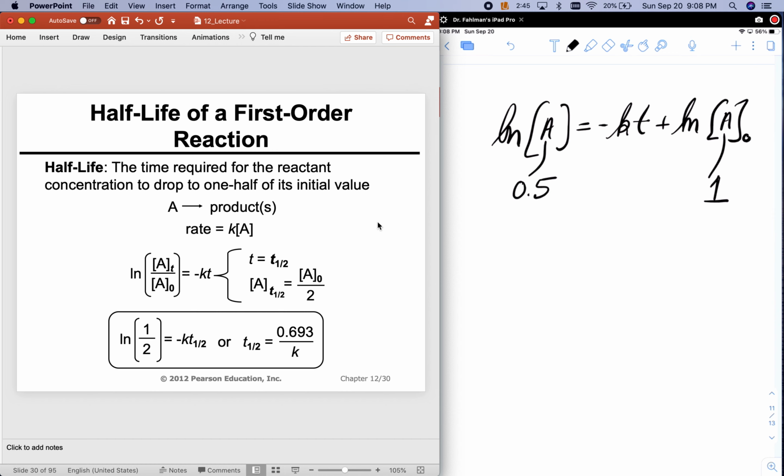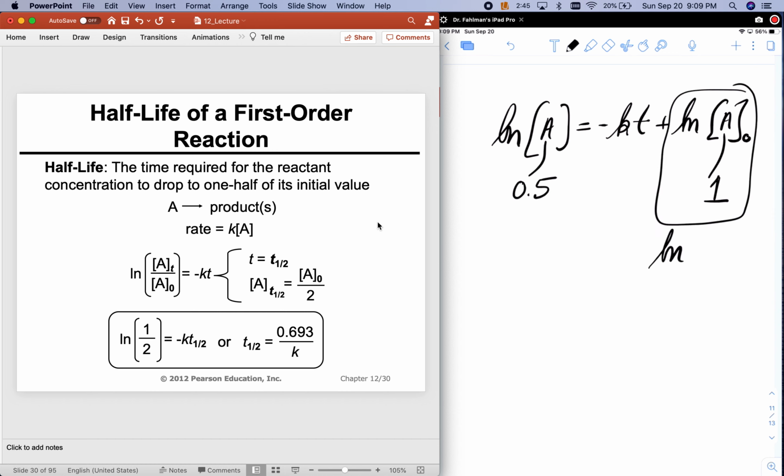If you punch in your calculator natural log, I'm looking at my calculator. There we go. The natural log of 1, so log to the e, in other words, is just 0.